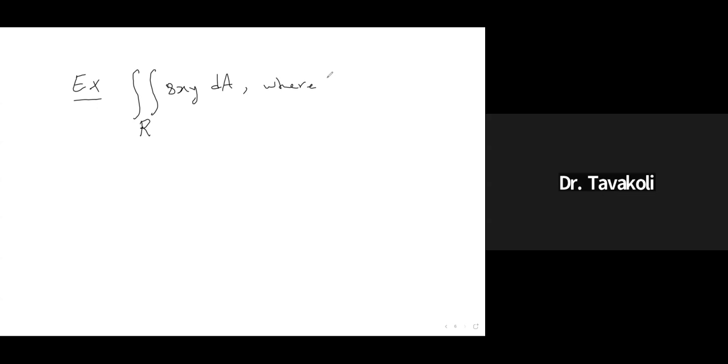I should describe what the region is, where R is the following region. R is the region consisting of all the r and theta such that r is between 2 and 3, and theta is from 0 to pi over 2.